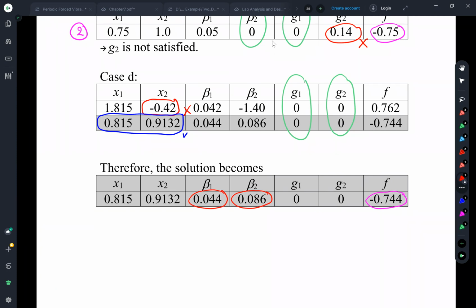They say that if I change the RHS of B1, the rate of change that will affect the objective function is about 0.044. And similarly, the rate of change of the objective function, that means the area of the inside rectangle, will be 0.086 for G2 or B2.